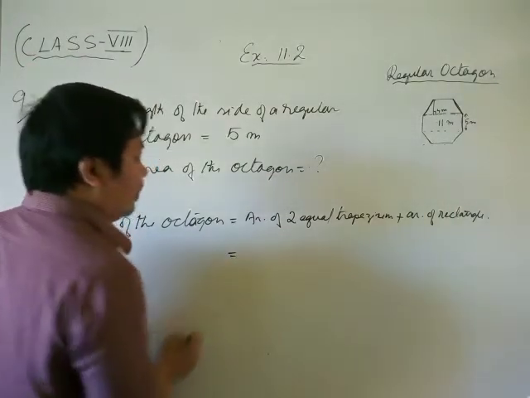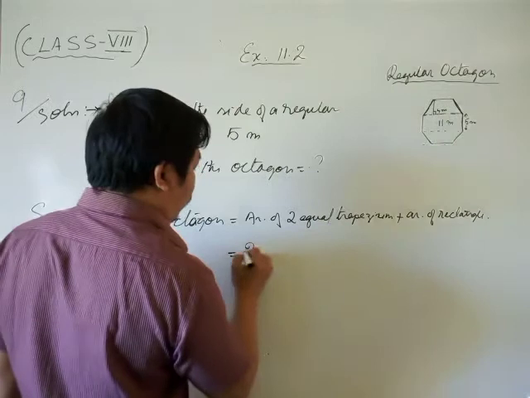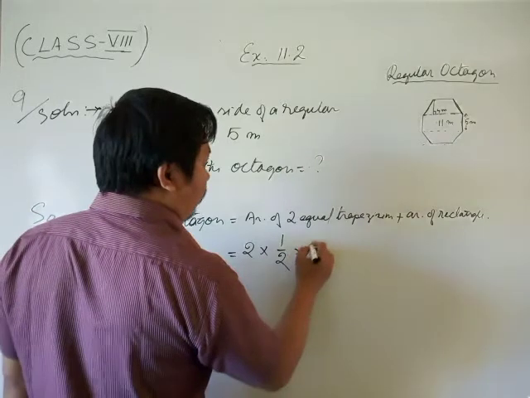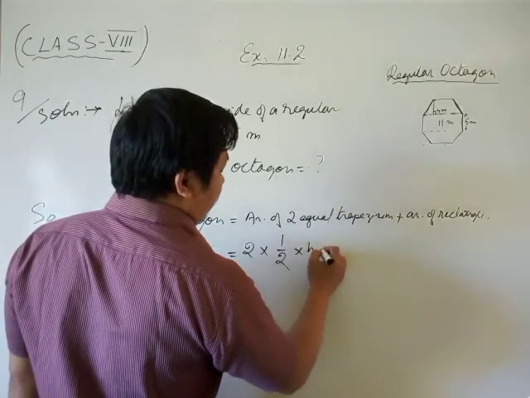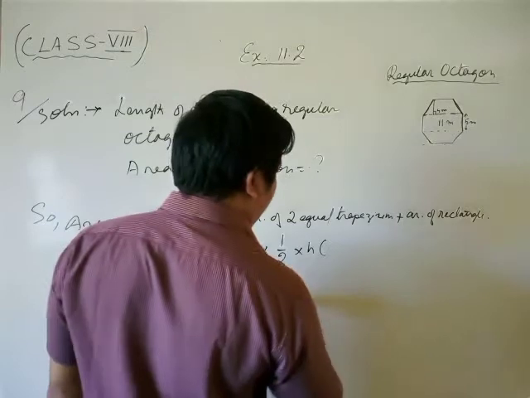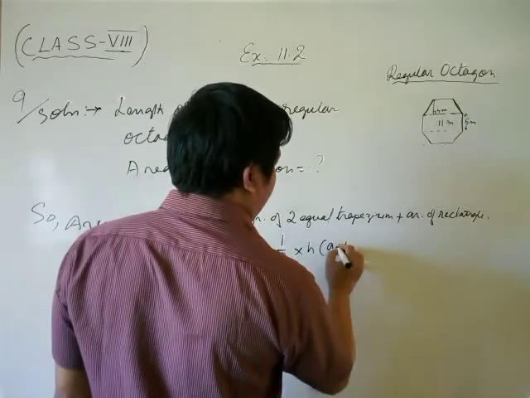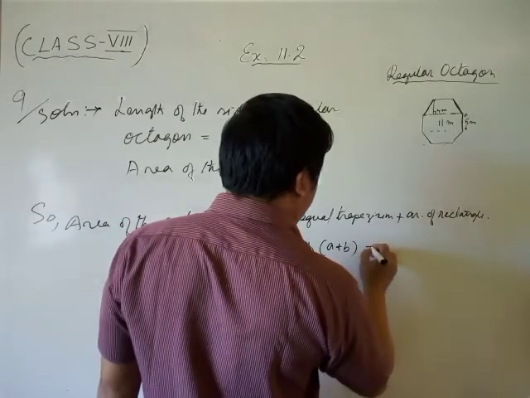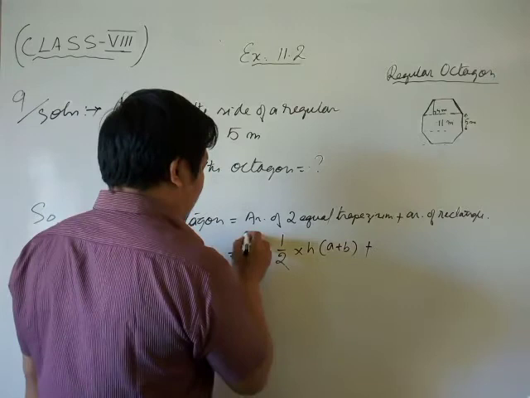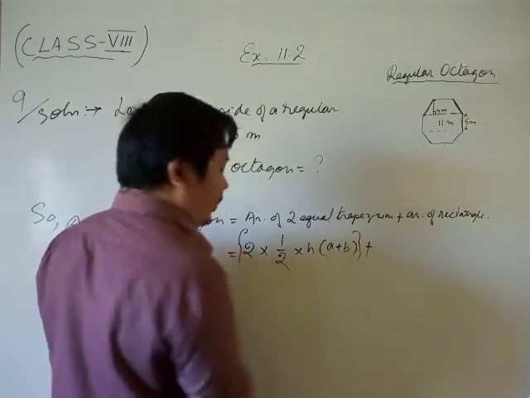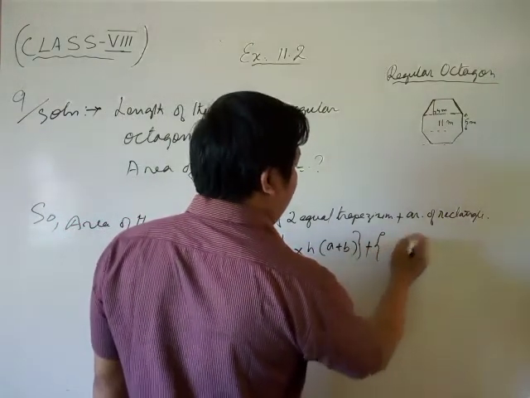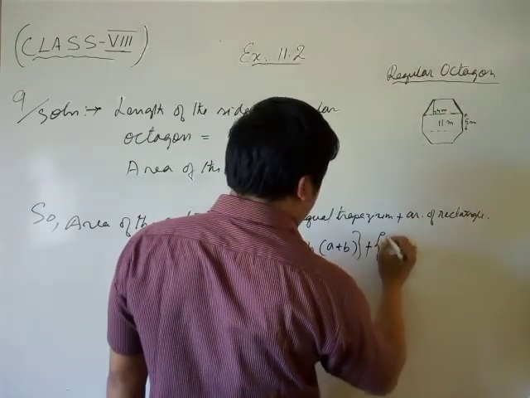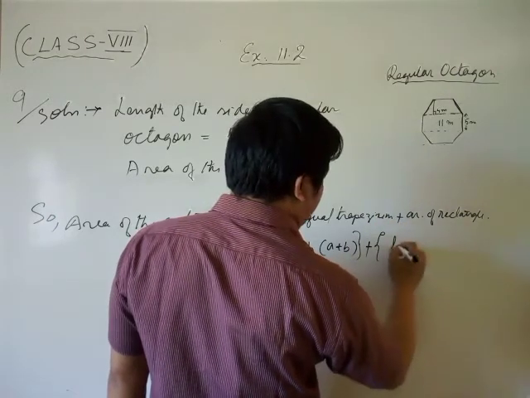So that means write down area of the two equal trapezium: 2 into half into height into (a plus b), this is the area of trapezium, and plus area of rectangle. Rectangle L into B. Area of this one is L into B.